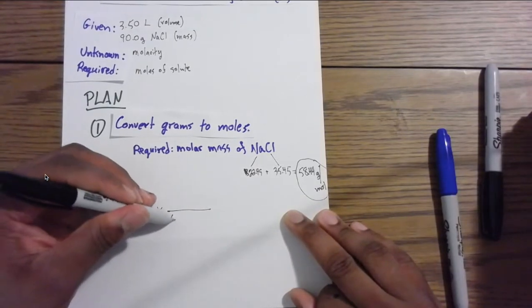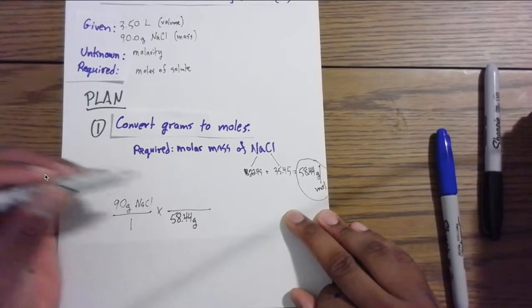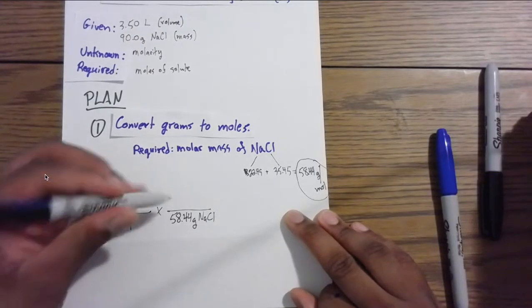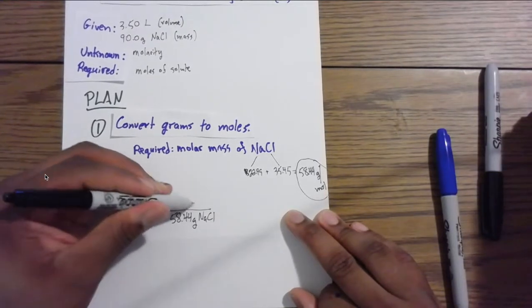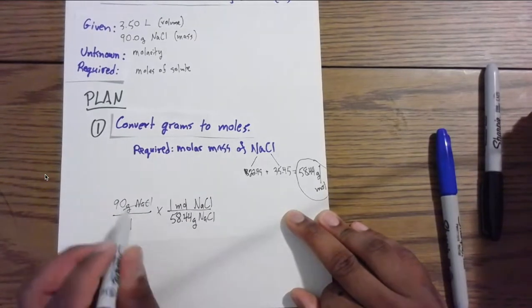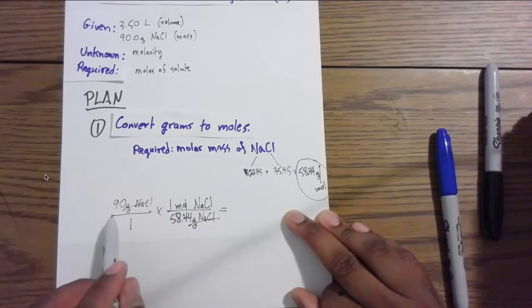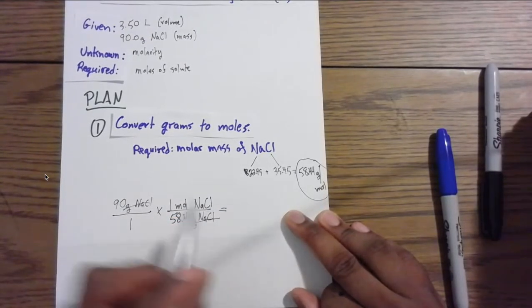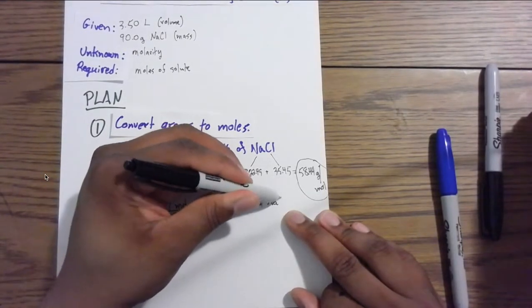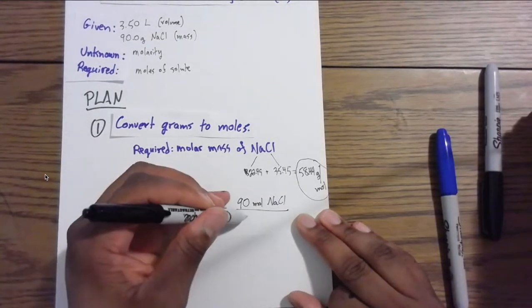So I'm going to take 58.44 grams of sodium chloride, which is equivalent to 1 mole of sodium chloride. Now that I have grams up top and on the bottom, they cancel. Now I just multiply across the top: 90 times 1 mole NaCl gives me 90 mole NaCl, divided by 1 times 58.44.